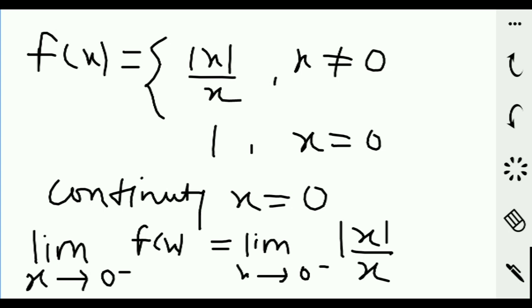So if it gets into the mod, that will be positive, so we will get, for example, x, but in the denominator it is x, which will be negative. So if we cancel this out, we get minus 1. So the left hand limit we got is equal to minus 1.